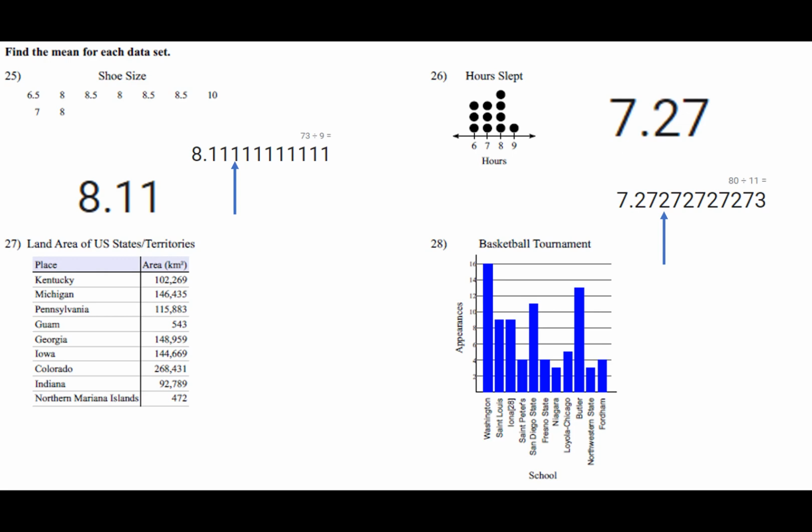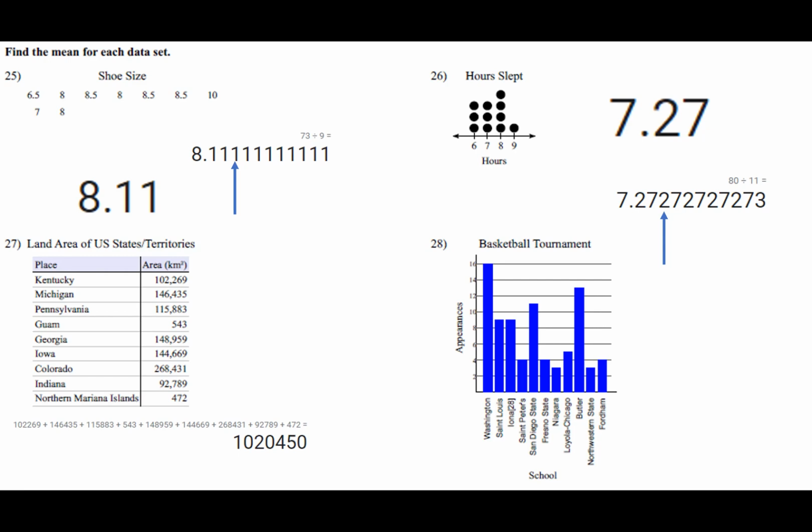All right, let's take a look at number 27, the land area of U.S. states and territories. Numbers are big. It's all right. I have a calculator, so not a big deal. I'm just going to add all my numbers. 102,269 plus 146,435. I added everything, and it gives me 1,020,450. It's a big number, but I'm using a calculator.